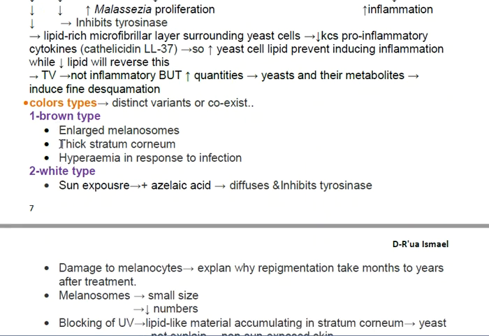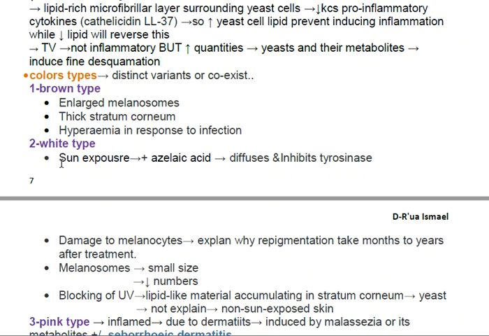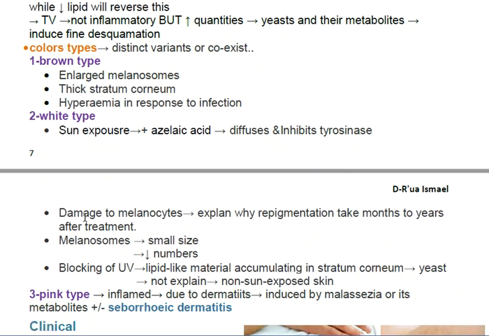The brown type is due to enlarged melanosomes in melanocytes, a thick stratum corneum, and hyperemia in response to infection. The white type is due to sun exposure, which stimulates azelaic acid, which diffuses and inhibits the tyrosinase enzyme, or to damage to melanocytes. This explains why repigmentation takes months to years after treatment, or melanosomes become small in both size and number.